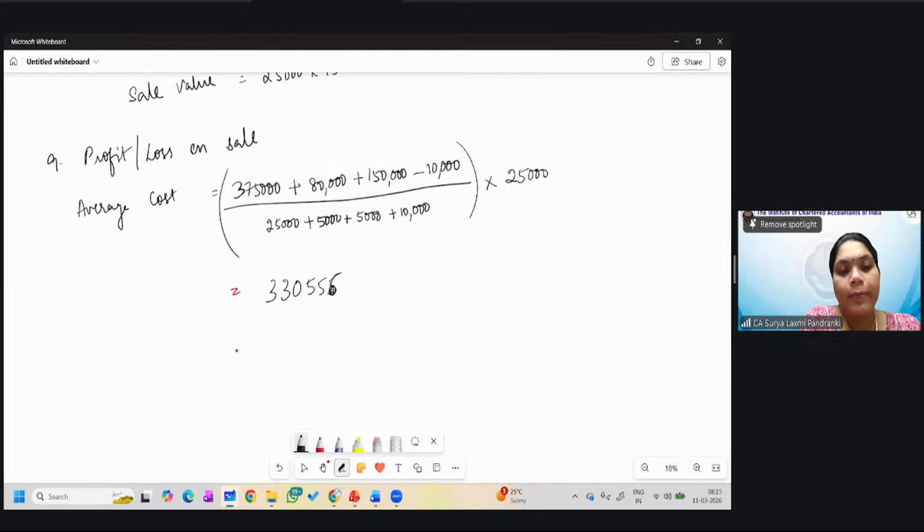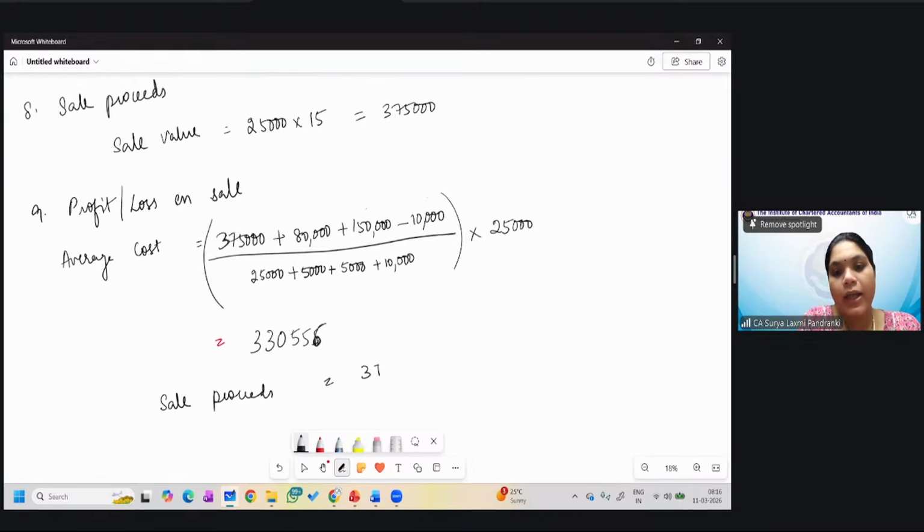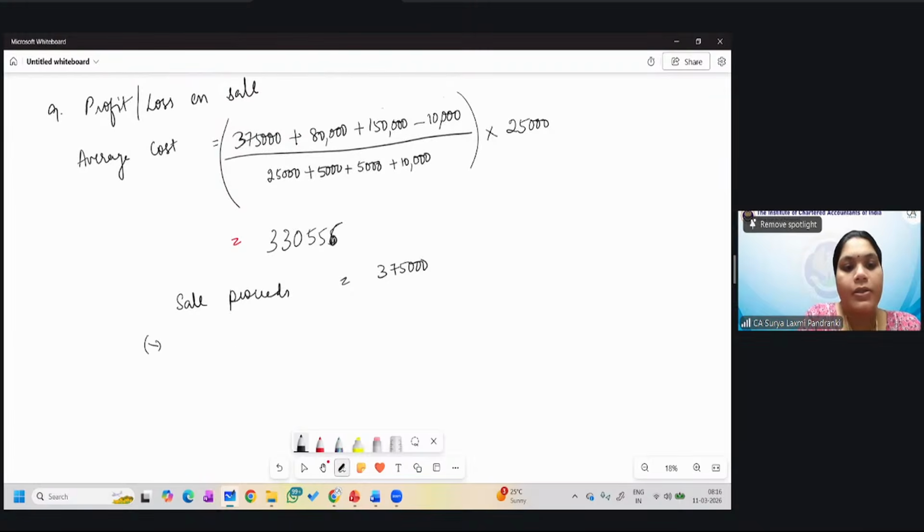Now let us calculate profit or loss. Sale proceeds is, we just have calculated about 3,75,000. This one, sale value, minus cost, which is 330,556. So I think it is profit only.